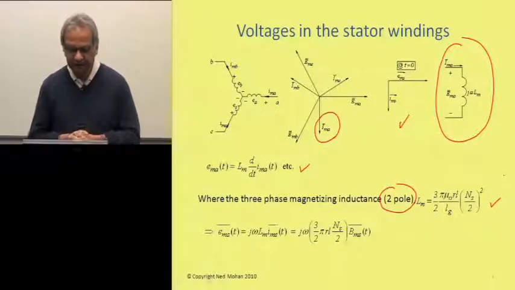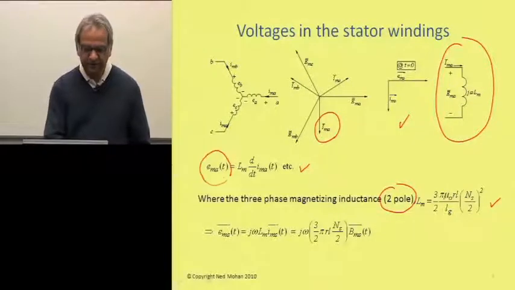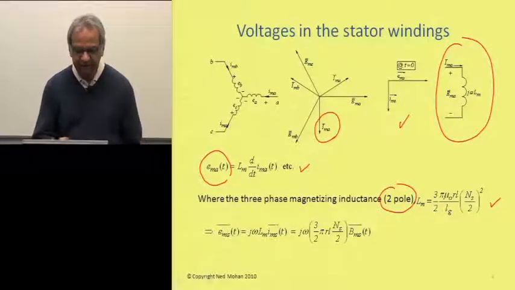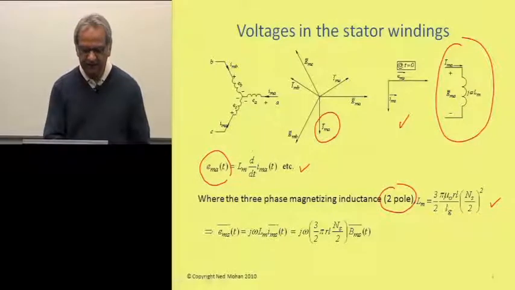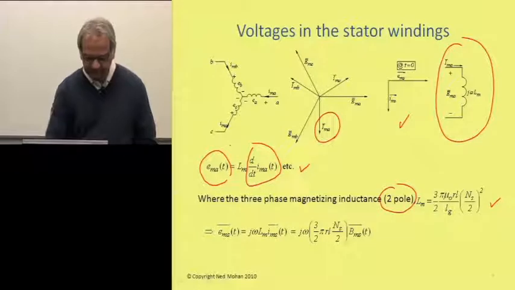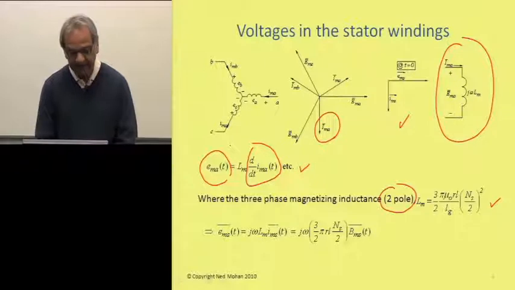But given this magnetizing inductance, we can express the relationship between the induced voltage and the currents in these windings, so this voltage induced is related to the rate of change of the current in that phase.